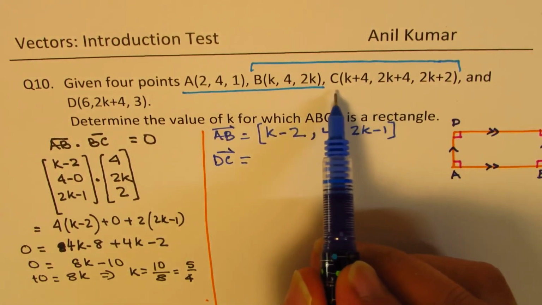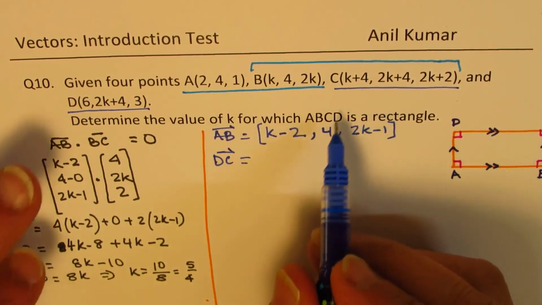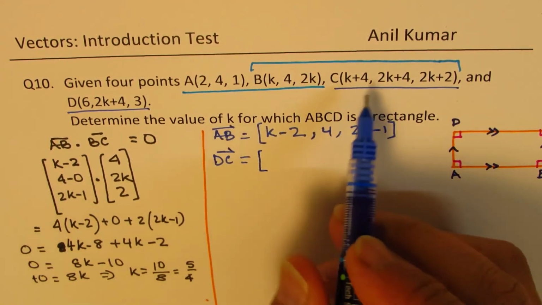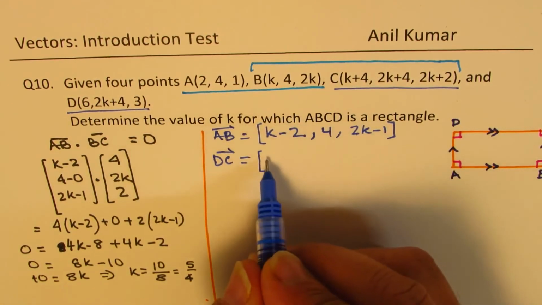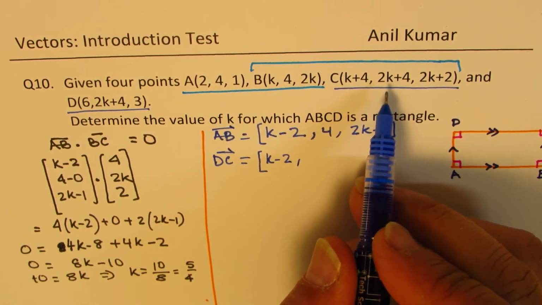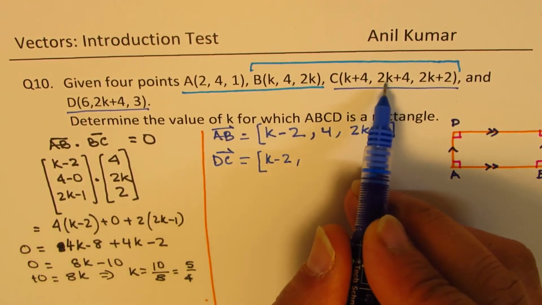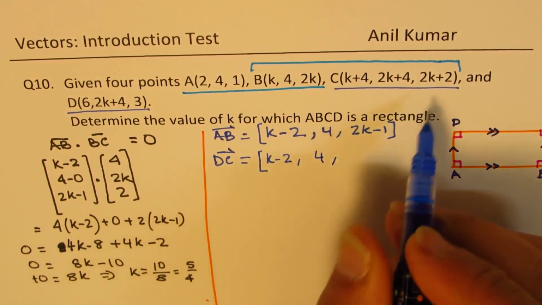Let's find what is DC. D to C, so we'll take this now. So what we get here is K plus 4 minus 6 will give us K minus 2. So we are doing DC. So we are doing 2K plus 4 minus 2K will give us 4.